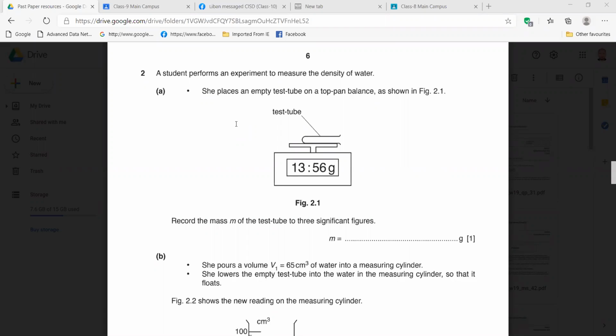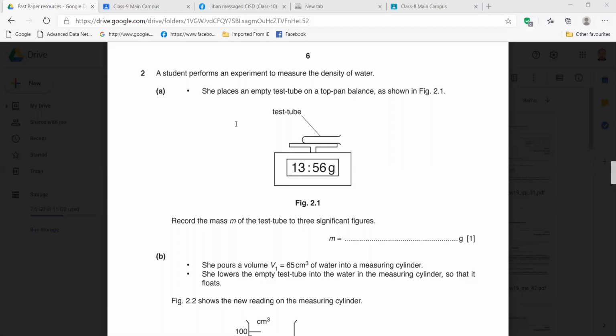Record the reading in 3 significant figures and tell me what you got. Sir, 13.6. 13.6 gram.